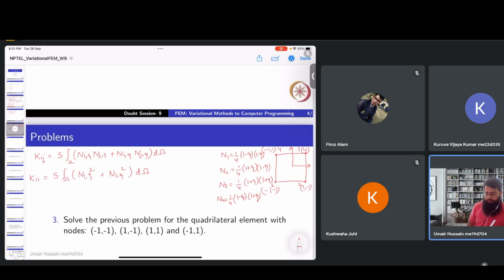The derivative of n1 with respect to xi is minus of 1 minus eta by 4, right?